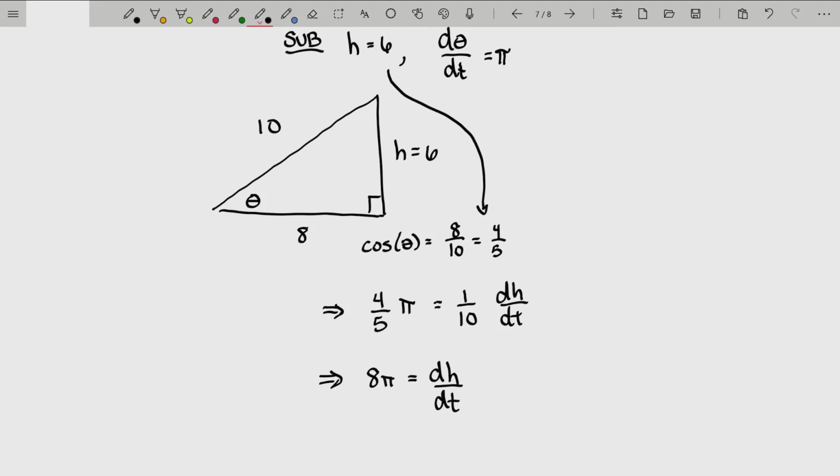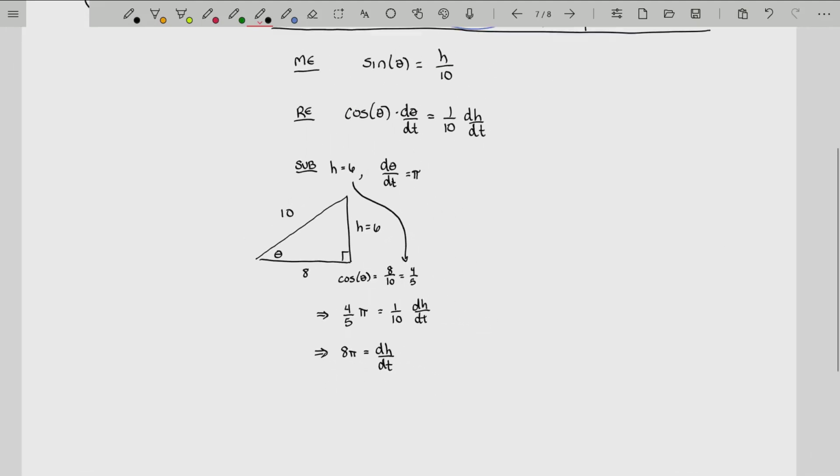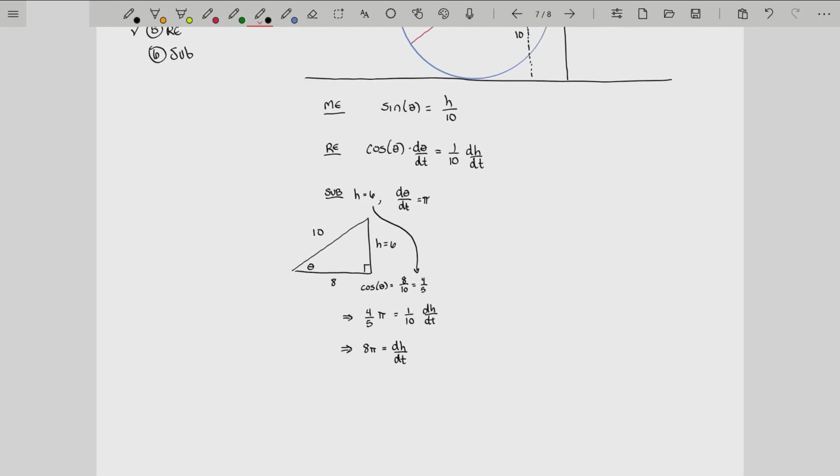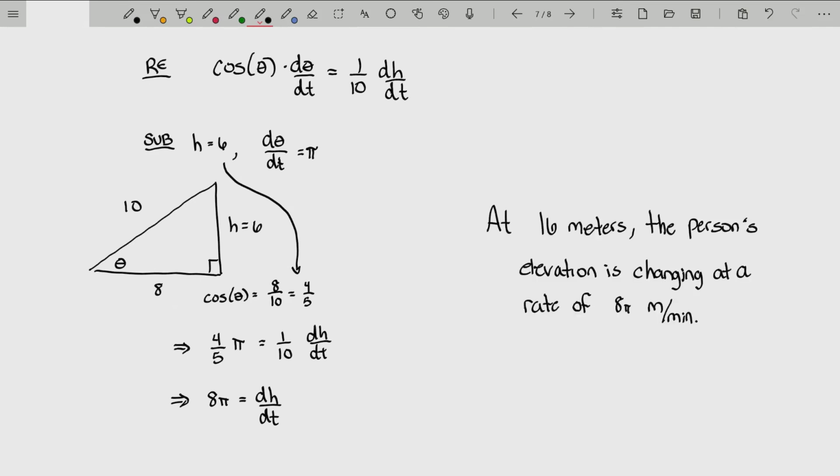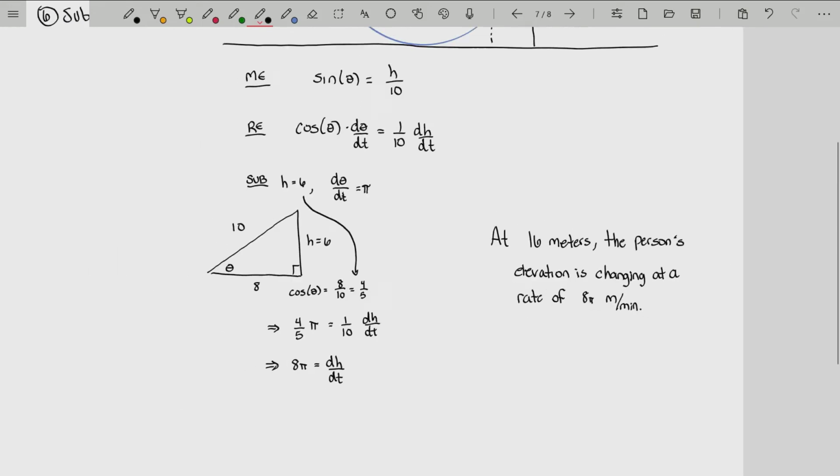And so that's 8 pi meters per minute. That's the rate of change of that person's height. So at 16 meters, the person's elevation is changing at a rate of 8 pi meters per minute, about 25 meters per minute, something like that. He's still increasing the height.